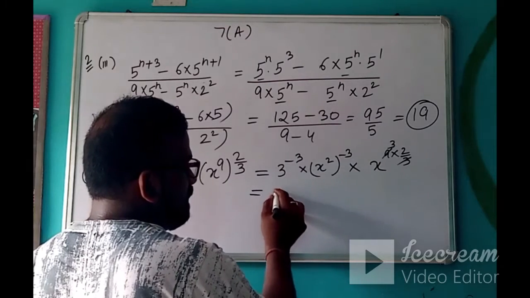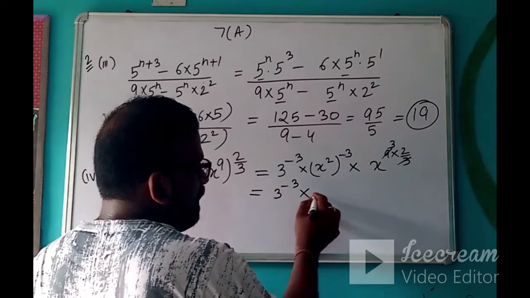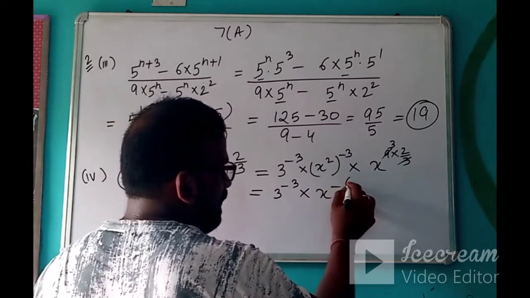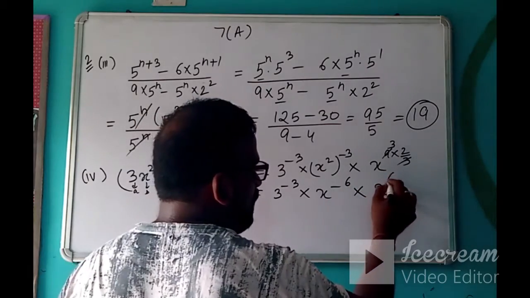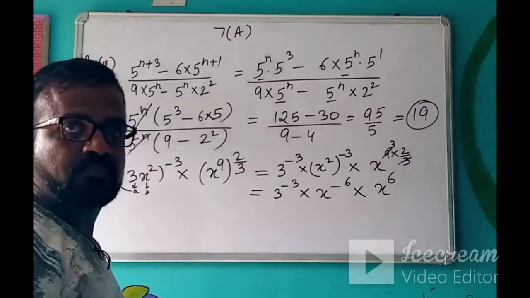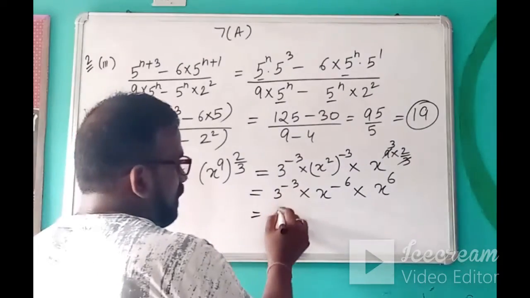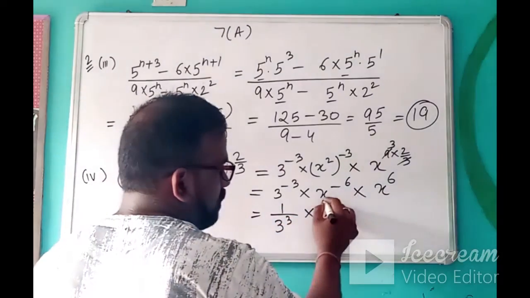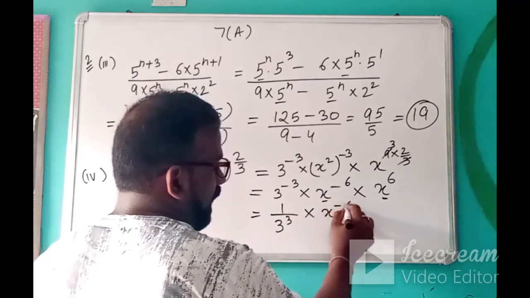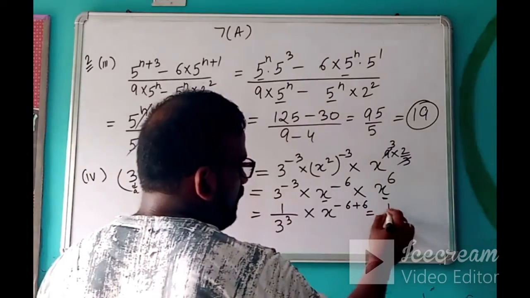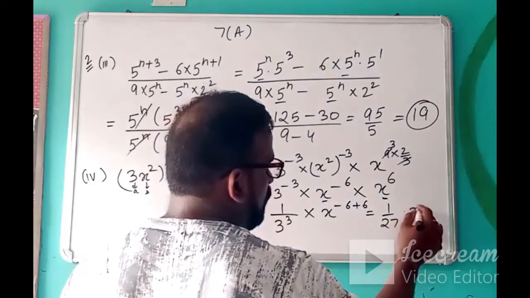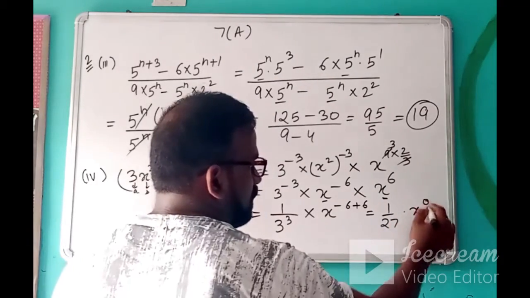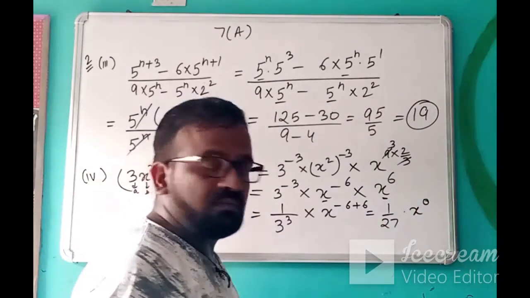So finally it is 3 to the power minus 3 into x to the power minus 6 into x to the power 6. This we can write as 1 upon 3 cube, and the bases are the same. So add the powers, you will get 1 upon 27 into x to the power 0, and anything raised to the power 0 is 1.